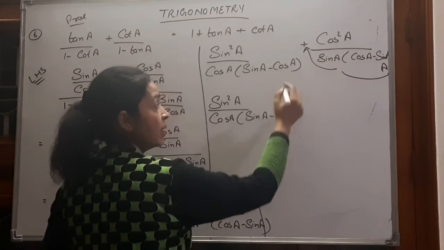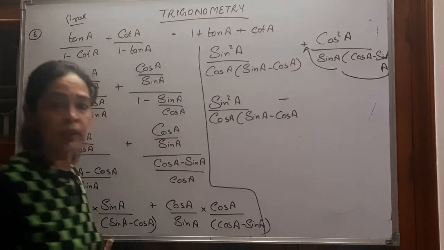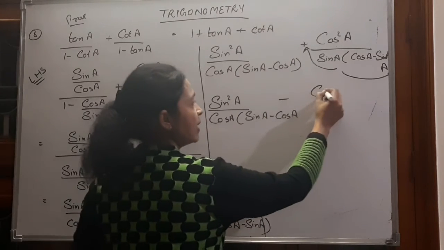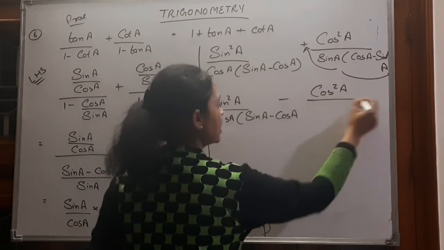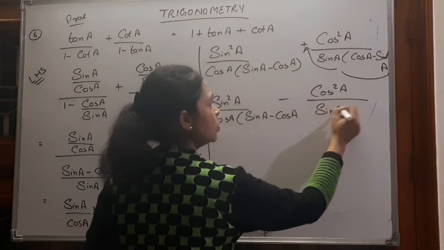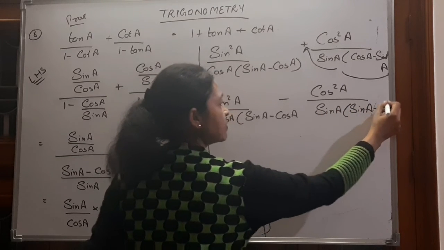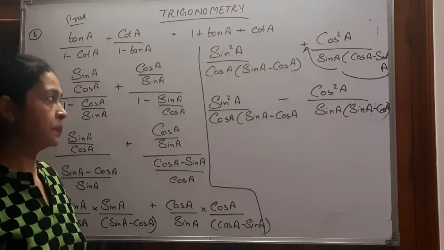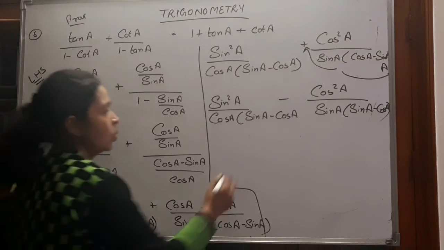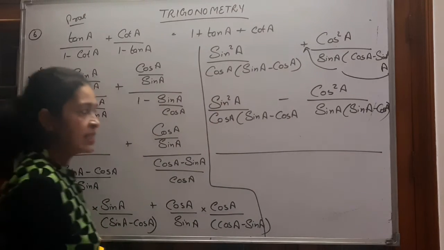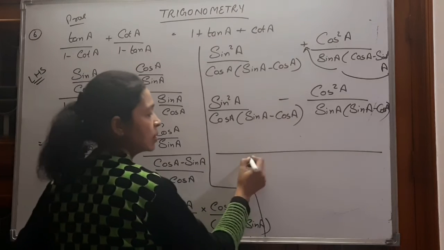We are taking the minus sign from here. It will go in the numerator. Here we will have cos square A, and in the denominator now we have sin A into sin A minus cos A. We have taken the negative sign outside. Now we will take LCM. Now we have only three terms.